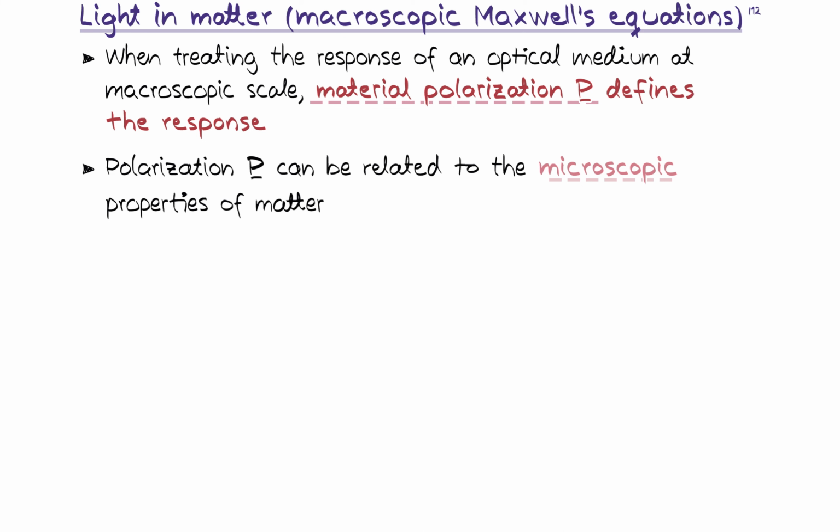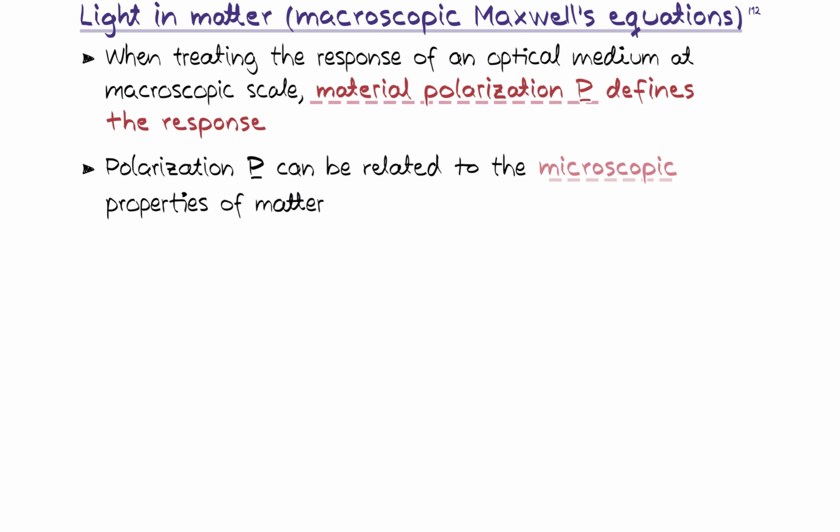Because ultimately, all pieces of matter are made out of atoms and electrons. And somehow we sometimes want to come up with means of being able to say that, okay, this matter consists of these kinds of atoms, these kinds of electrons, and then subsequently I would want to calculate what kind of polarization it might have.